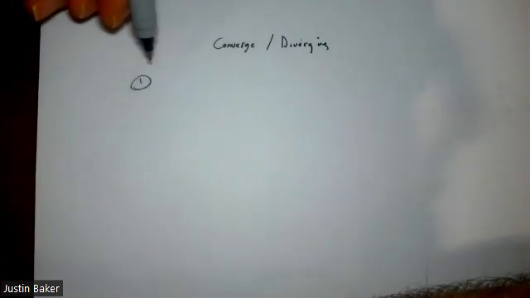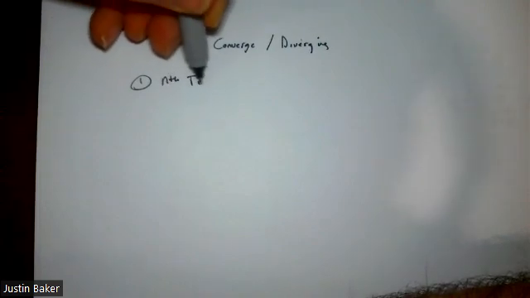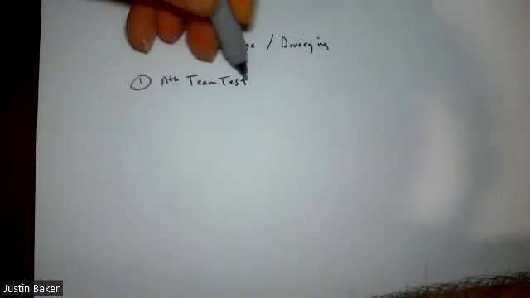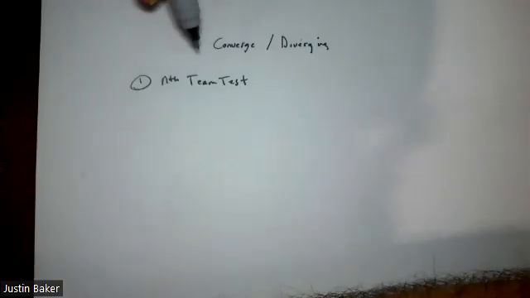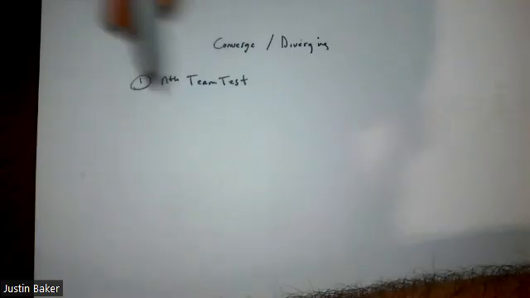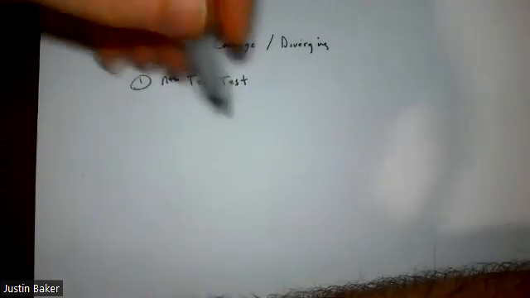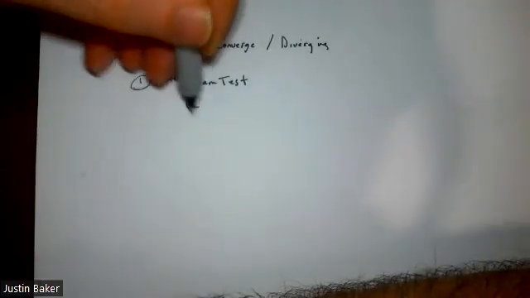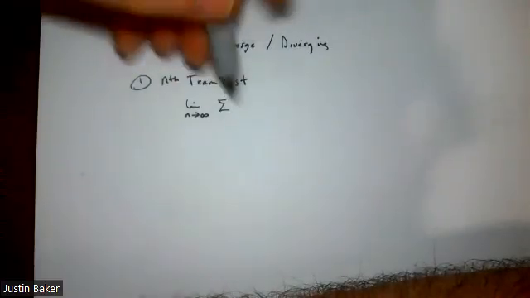Whenever you're asking that question, the first thing that we should always be looking at is the nth term test. That was covered a video or two ago, but that's the easiest one to do. And we need to remember that this one only tells us if something diverges. When you do that, we looked at the limit as n goes to infinity of a sub n for whatever series you're talking about.